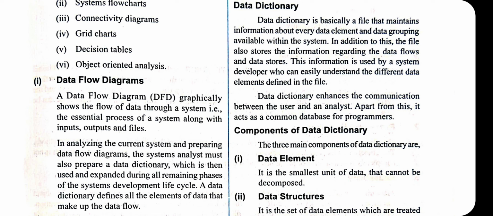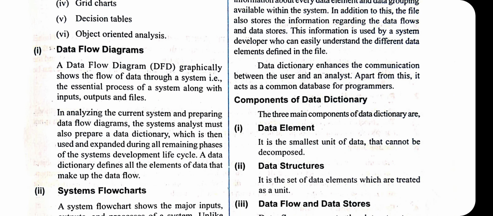This information is used by the system developer, who can easily understand the different data elements defined in the file. The definitions are understood by the system programmer. Those definitions are stored in the data dictionary, and it enhances the communication between the user and the analyst.